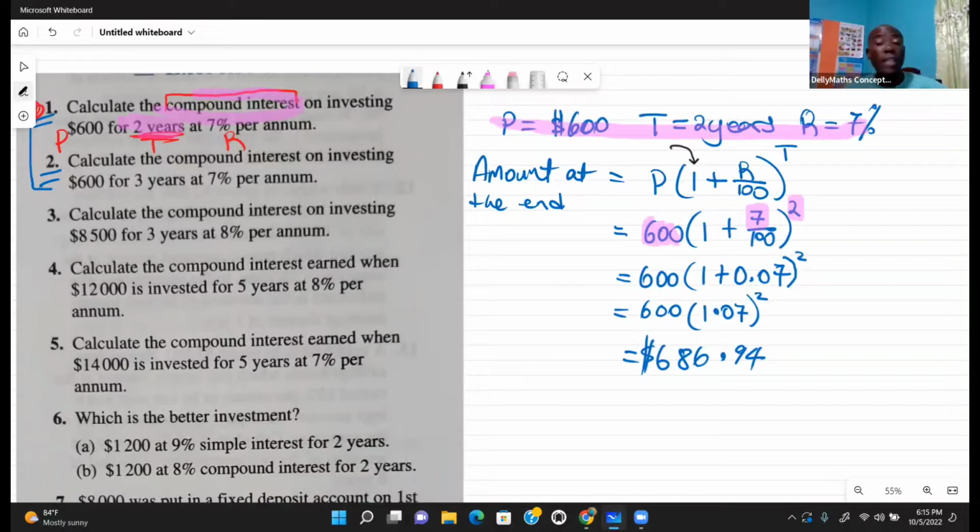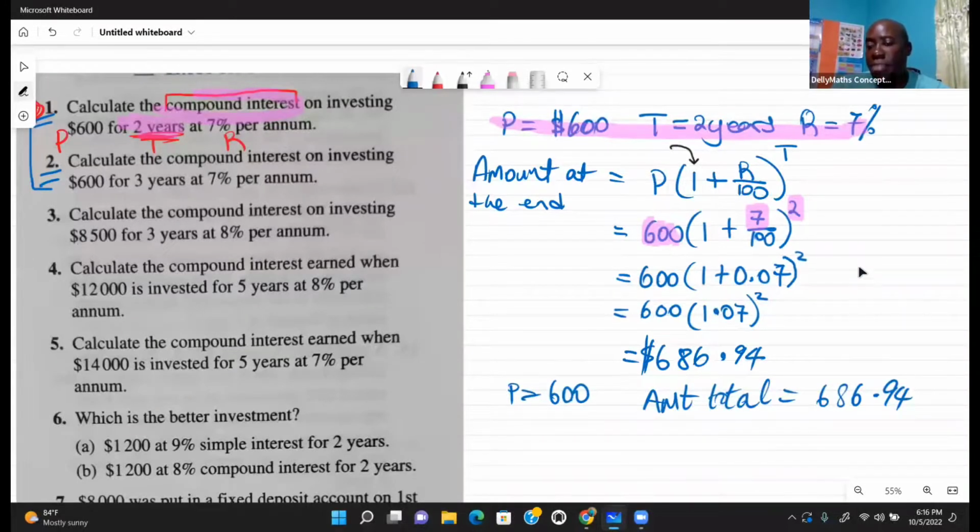Now, if you want to find the compound interest, then you're going to take what you started the business with and subtract it from what you see at the end. In other words, I started the business with $600, and when interest was added on, the amount totaled $686.94.